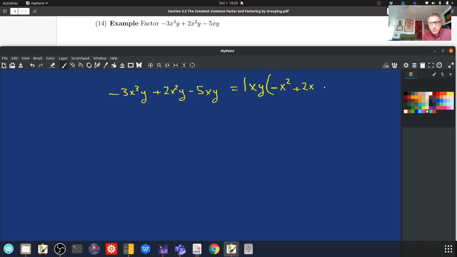Y divided by y is 1. Then minus 5 divided by 1 is minus 5. X divided by x is 1. Y divided by y is 1. So this is one way, and normally it would be written as xy times the quantity minus x squared plus 2x minus 5.